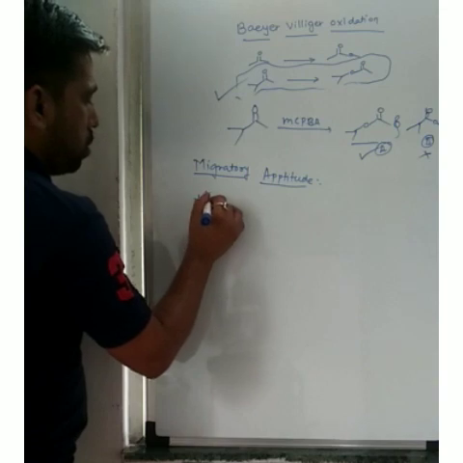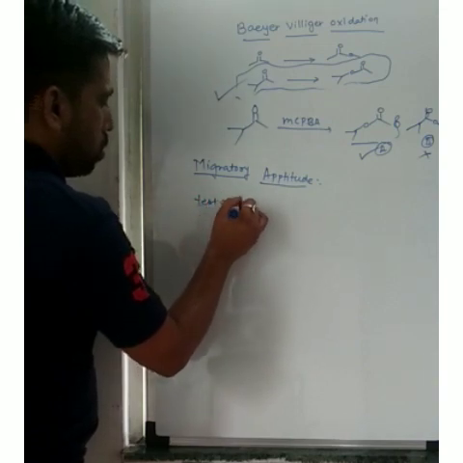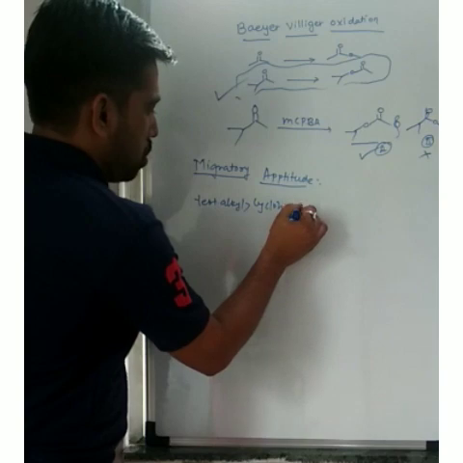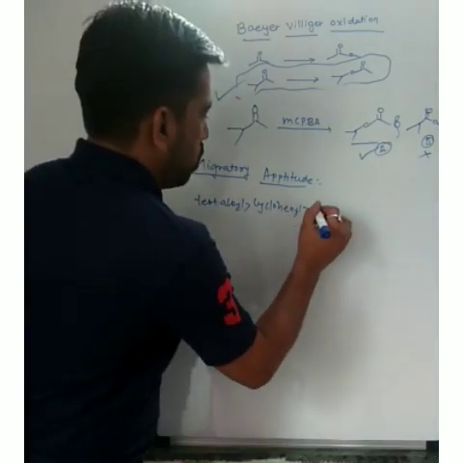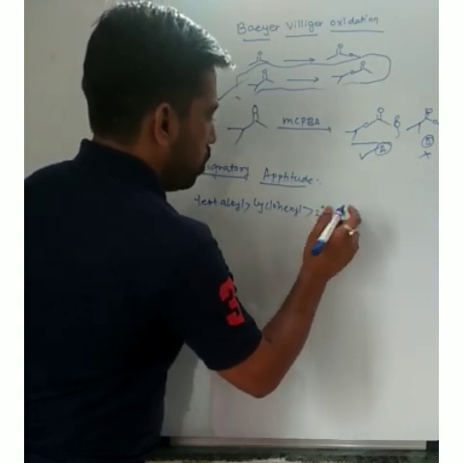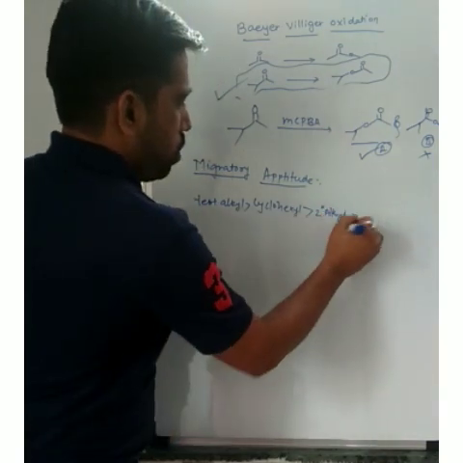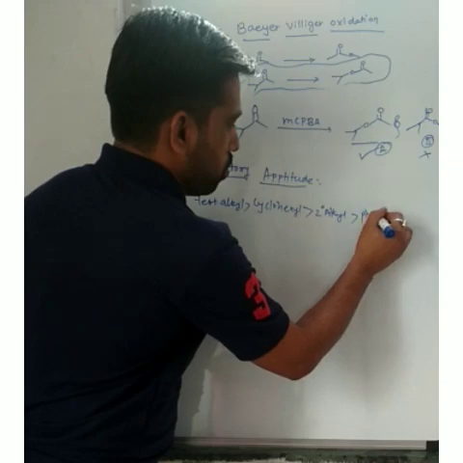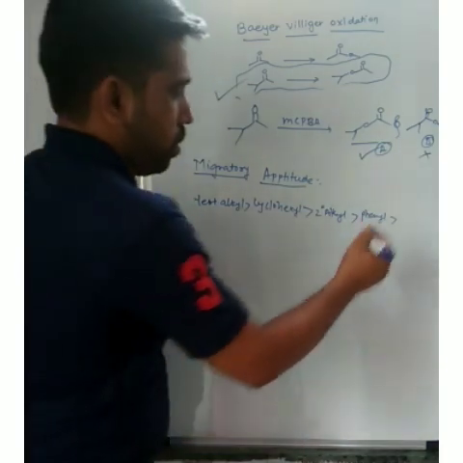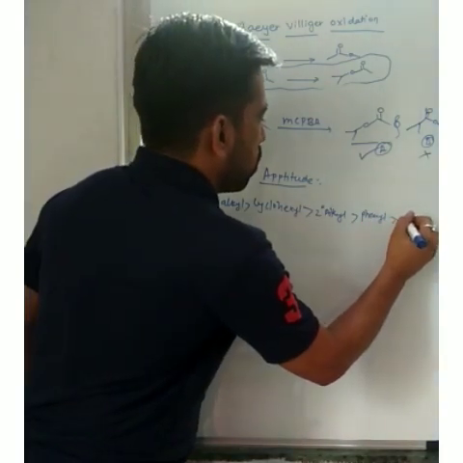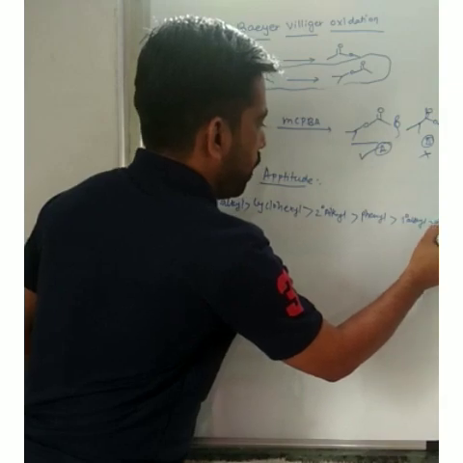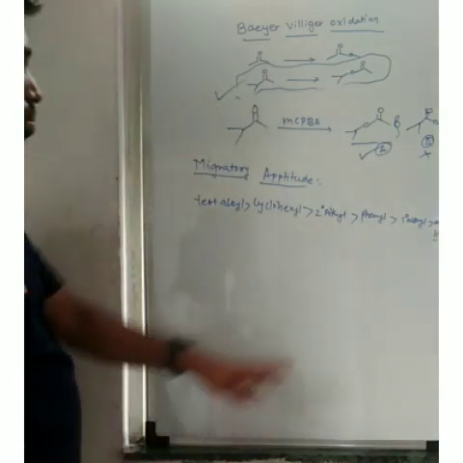A tertiary alkyl migrates preferentially, then cyclohexyl, then secondary alkyl, then phenyl groups, which are aromatic, in between, then primary alkyl, then methyl, and at the last is hydrogen.